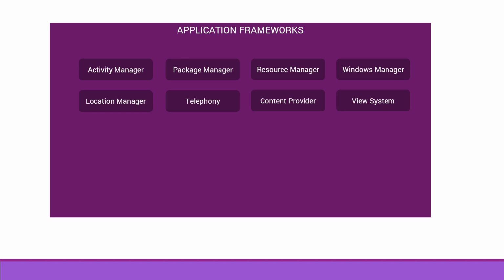Location Manager provides location-based services such as GPS data. The Notification Manager handles the notifications from all the apps. The Telephony manages the phone and messaging services like SMS, incoming calls, dialing, etc. The Resource Manager is responsible for accessing the system resources through the apps. The View System is a user interface framework which manages the widgets and layout managers.